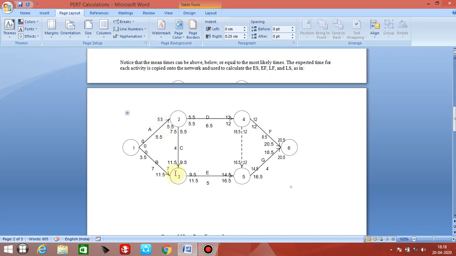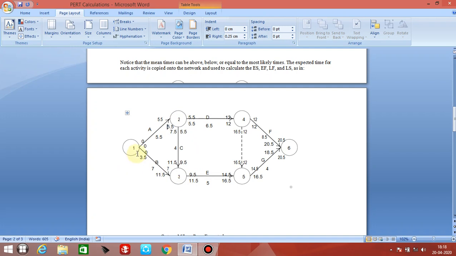Now see how we have calculated this. This is 0, starting with 0. Now this is 5.5, so 5.5 here. Now here we have D 6.5, so 6.5 plus 5.5 is 12. Now this 12 plus 8.5 is 20.5. Now here we have 5.5 plus 4, 9.5.